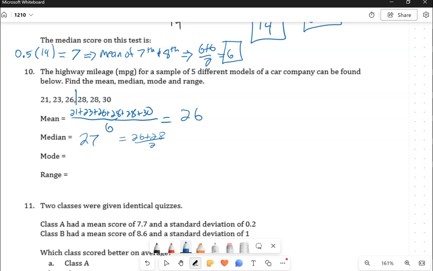The mode is the most common. There's two 28s. 28's the most common. The range is the largest number minus the smallest number. These are your basic mean, median, mode, and range of the original data.